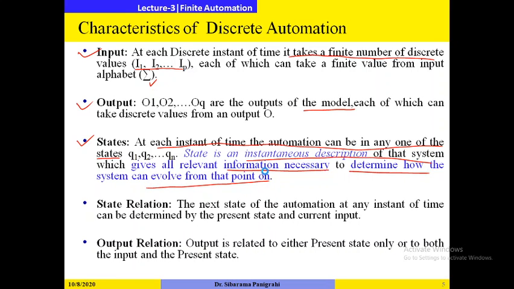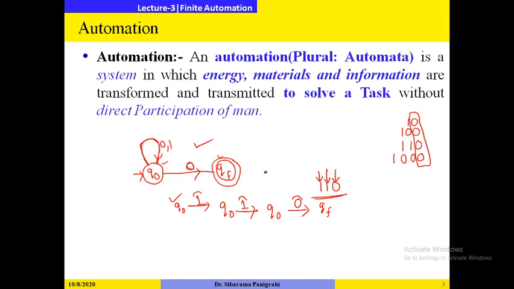Here in the previous example, this state represents the initial state. After taking 1 as input, it again comes to the initial state Q0. Q0 by taking 0 as input goes to the final state QF. So a state represents the instantaneous description relating to all the information that it contains.